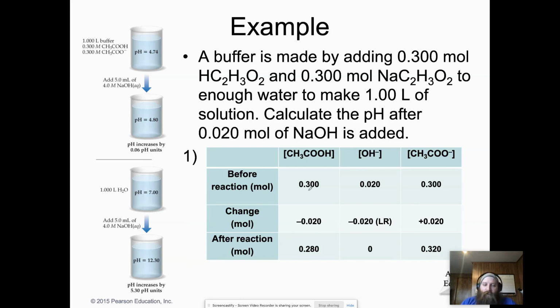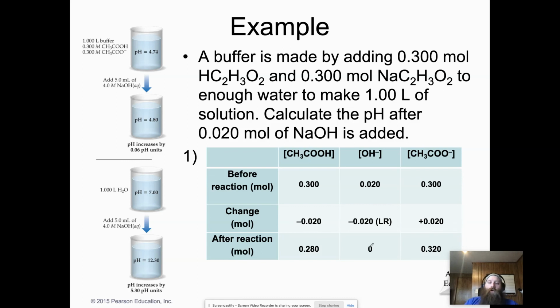So we know we have 0.3 moles of our acid. We know we have 0.3 of our common ion there on the right, our acetate. During the reaction, our change, we're going to add 0.02 moles of sodium hydroxide.